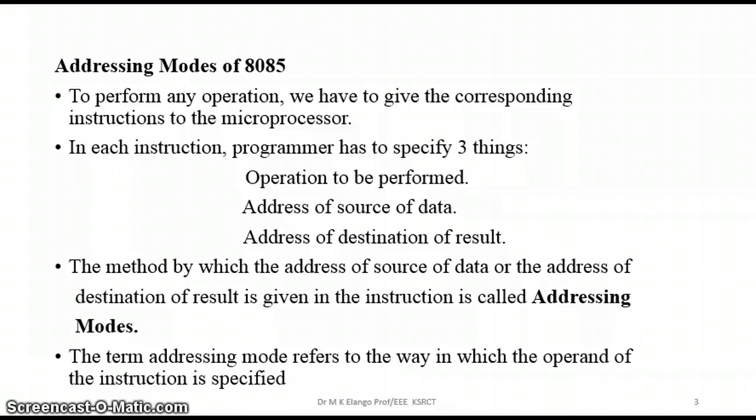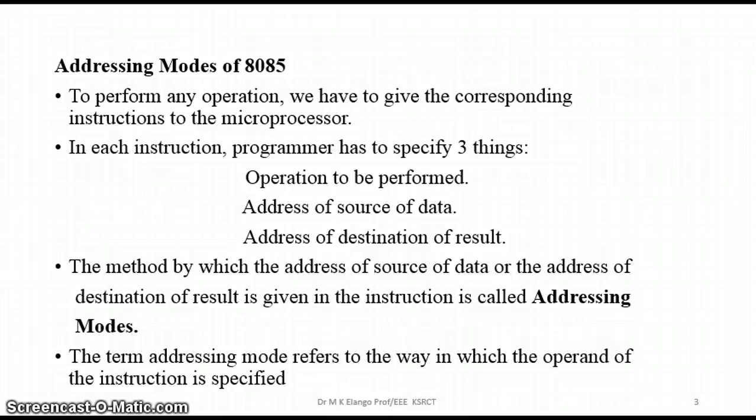What is addressing? Addressing is nothing but accessing the data. That is how the microprocessor can access the data for its operation from the peripheral devices. Our 8085 microprocessor has many peripherals like input device, output device and memory devices.